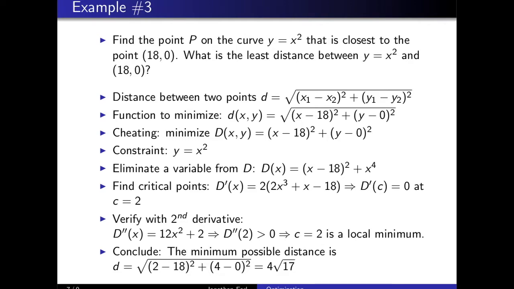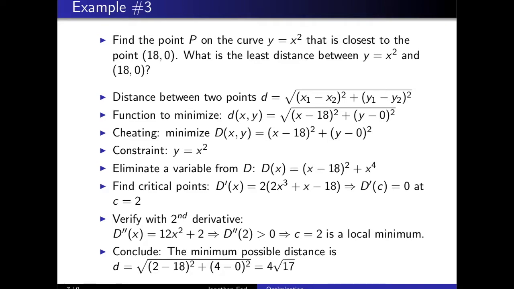Okay, so now we'd like to find some critical points, so we take our derivative, and we find that we get 2 times the quantity 2x cubed plus x minus 18, and we can easily see that x equals 2 is going to give us a critical point. We'd have 2 times 2 cubed, which is 2 times 8 or 16, plus another 2, which is 18, and then minus the 18 gives us 0, and that's going to be the only critical point.